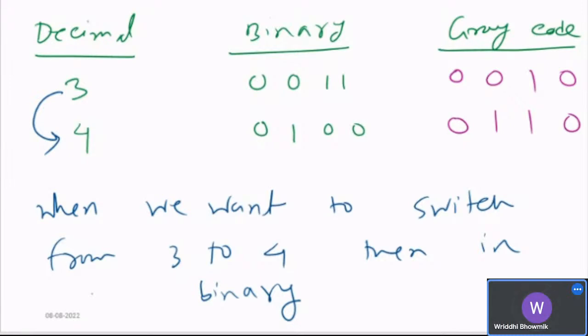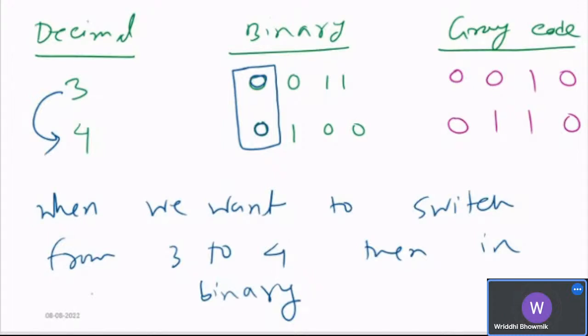If you just check this 0011 and 0100, only this MSB is not changing. In case of 3, the extreme leftmost bit is 0, and in case of 4, the extreme leftmost bit is also 0. So there is no switching.